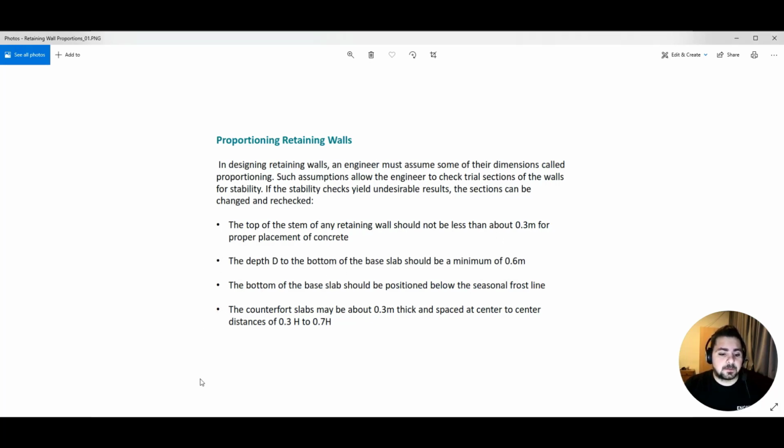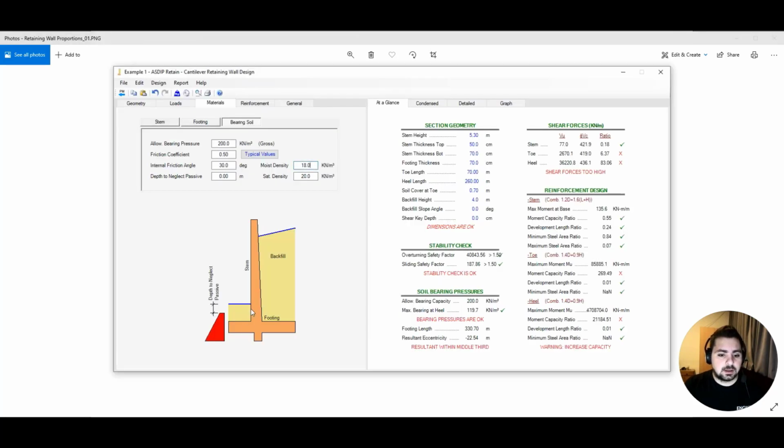Now if we go back, this means that the depth here is a minimum of 0.6 meter. Now in our case, the depth to neglect passive, what are we going to take it as? We're going to take it as 0 because we do not want to neglect any of this passive pressure, as it is helping us stabilize our structure. So this will be it for our materials.